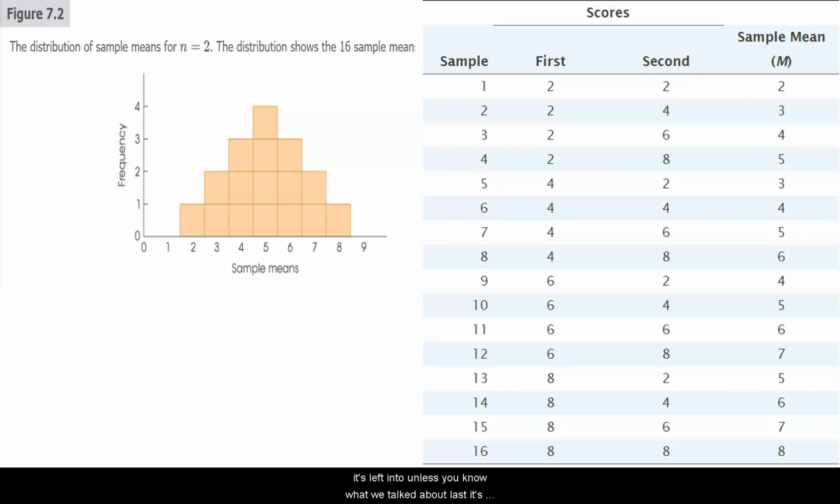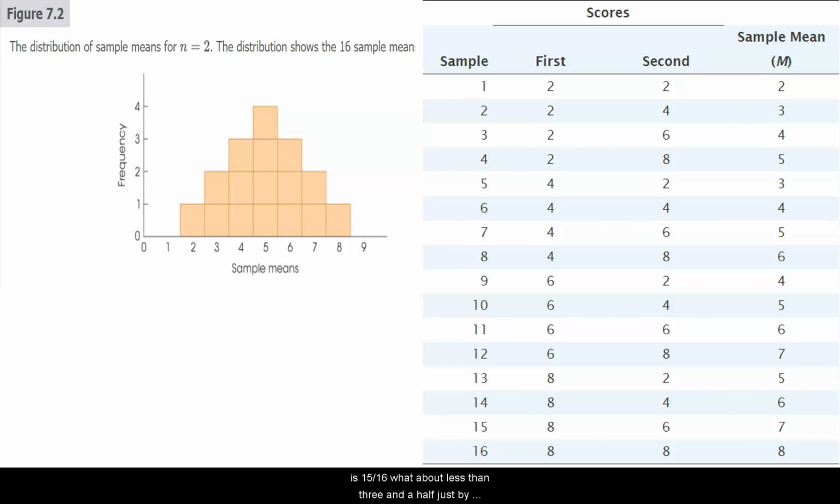When we talk about less, it's to the left and less. And that would be 15 of the 16 boxes, whatever that is as a percentage, 0.93 or something. The probability of drawing a sample mean less than 7.5 from a sample of 2 is 15 over 16.